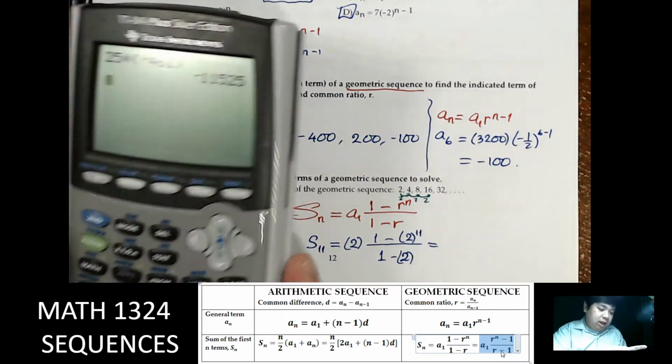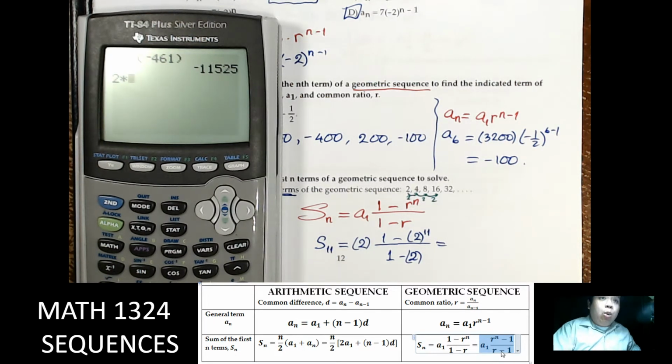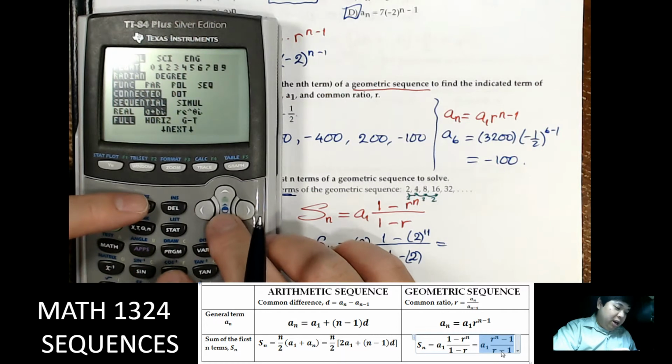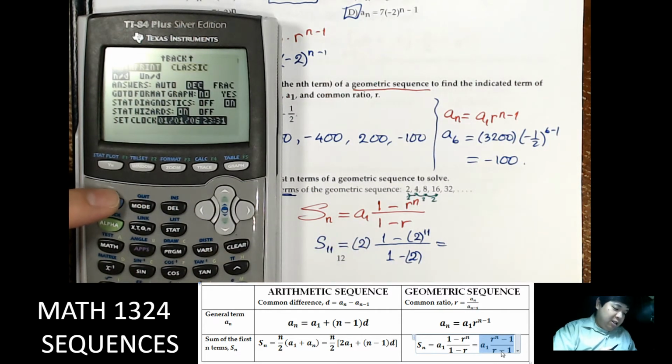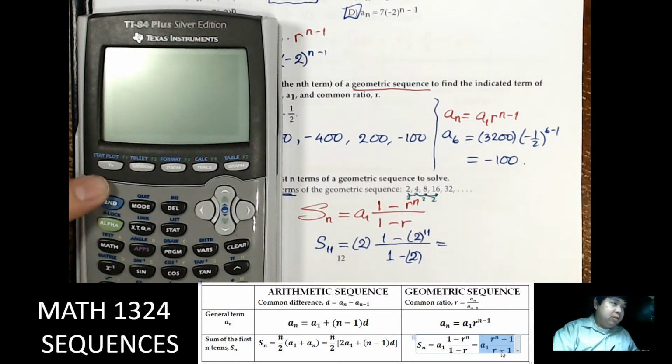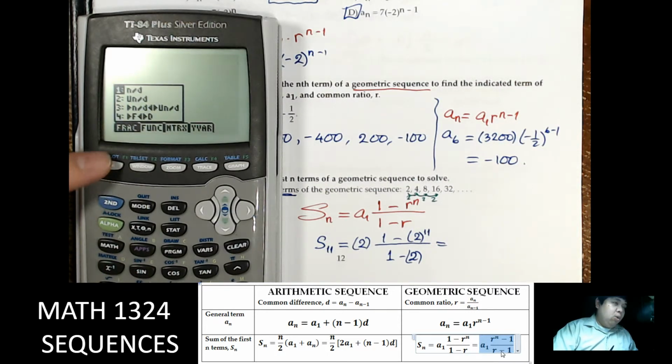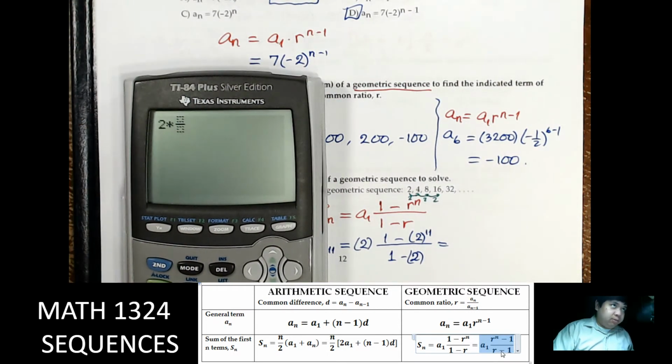I'm just going to do the math. Right, 2 times. We do have a big fraction. Actually, it's not big at all, because that's just negative 1. So if we need a fraction, remember alpha y equal to, I'm sorry, I changed my calculator earlier. Right, again, 2 times alpha y equal to give us a fraction. So we can pretty much type exactly as we see it. 1 minus 2, or we just type negative 1.